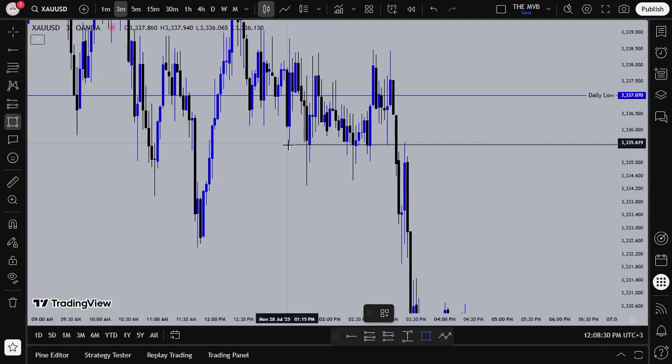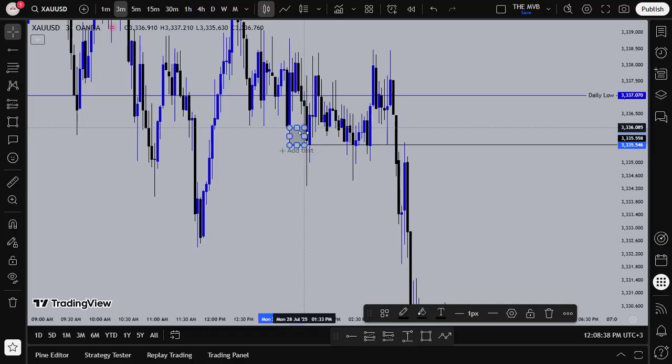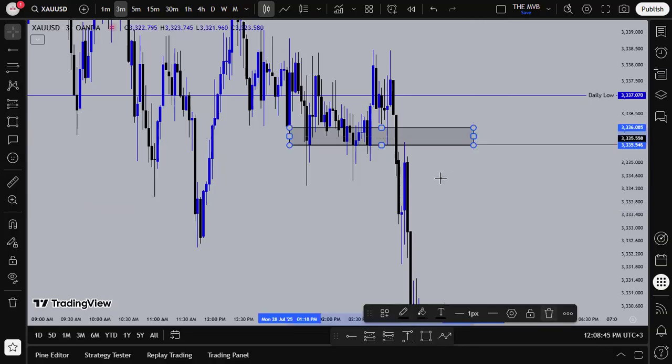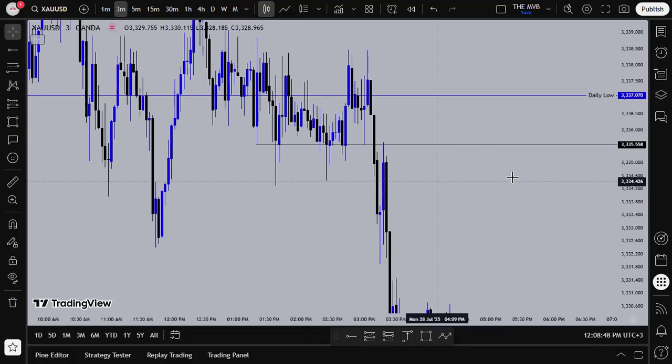I marked using the last wick of this candle origin. That is the point I used to mark this area. So that was my entry right there.